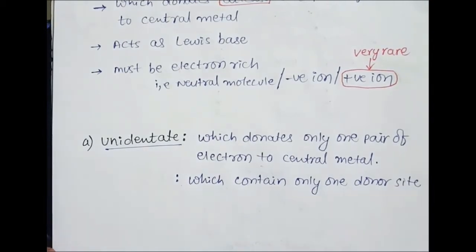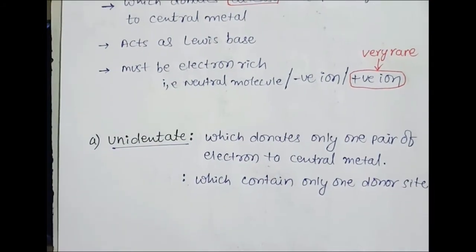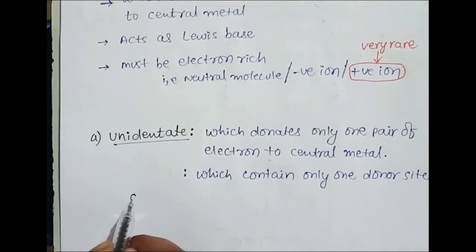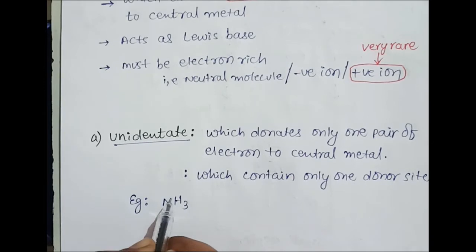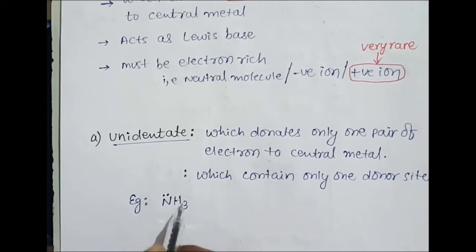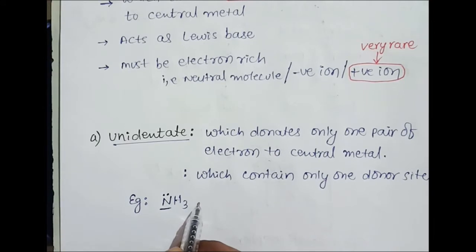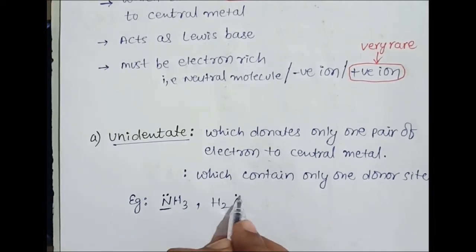I'll explain what a donor site is. For example, take ammonia. In ammonia, nitrogen is the donor site, which has one electron pair, so it will donate one electron pair. So this is called a unidentate ligand. Another example, H2O. Oxygen has two electron pairs, but one site will donate one electron pair.